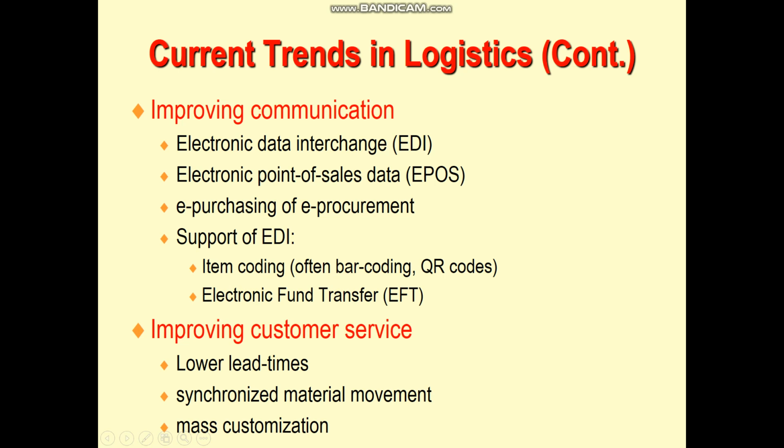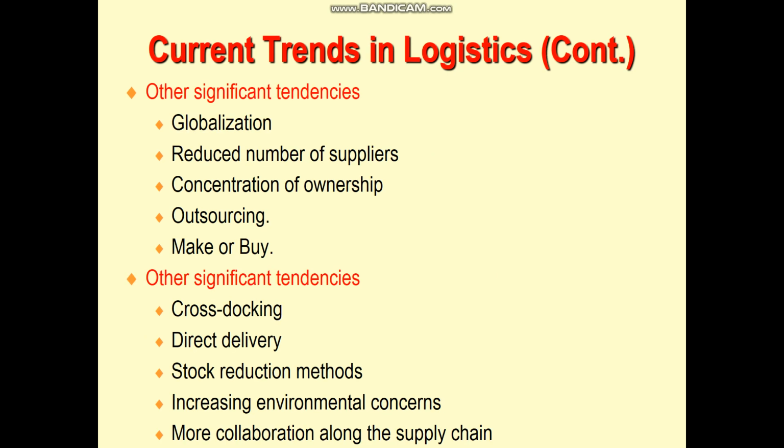And mass customization, like doing customization for a large company for many services. We also have other significant tendencies like globalization or outsourcing. We decide should we outsource, we make, or we do in-house production.